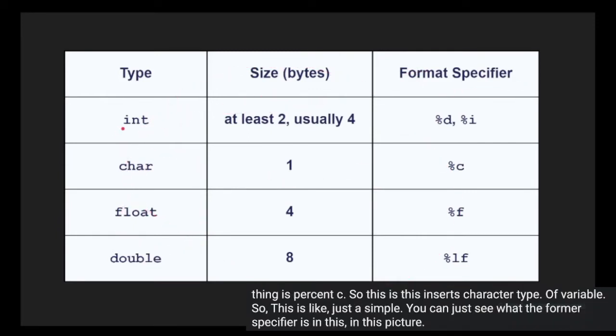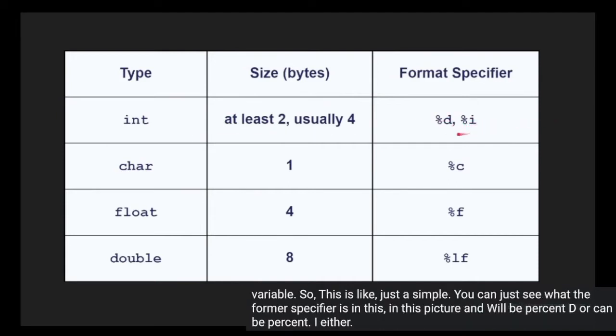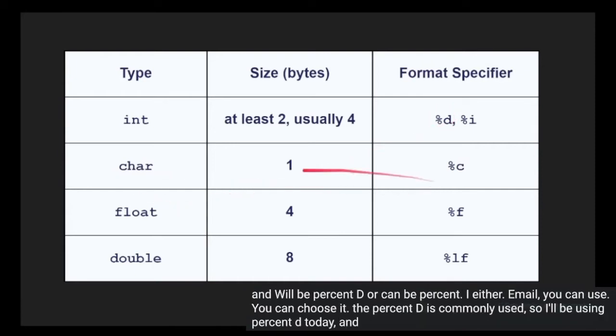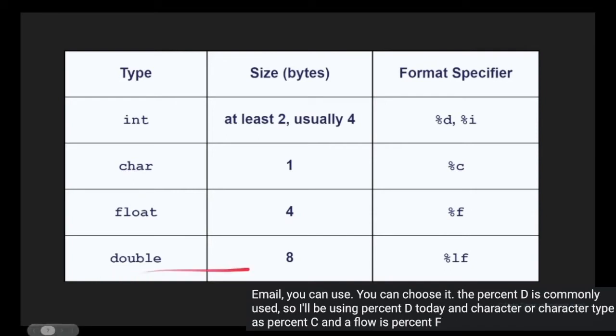An int will be %d, or it can be %i, either one, you can choose. %d is commonly used, so I'll be using %d today. For the character type it's %c, a float is %f, and a double is %lf.